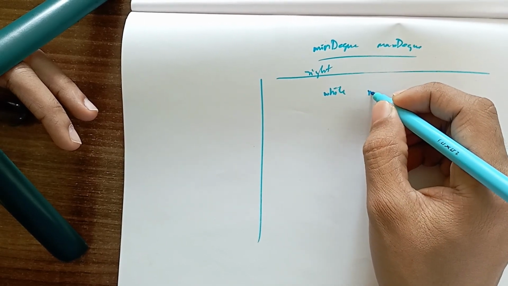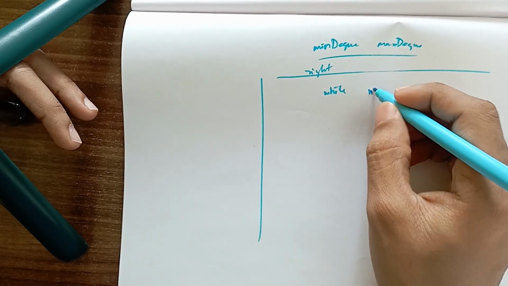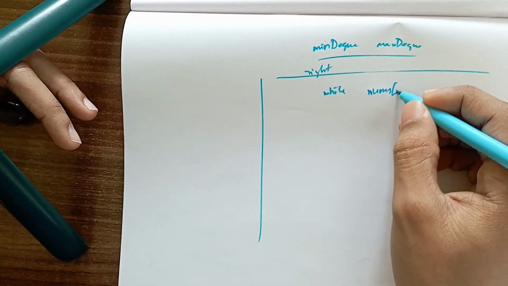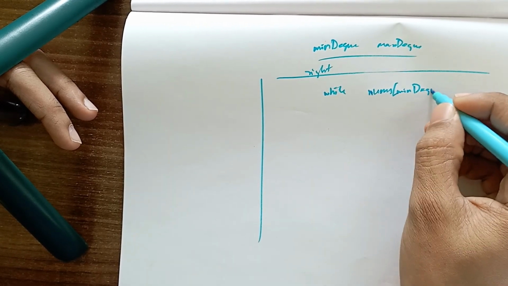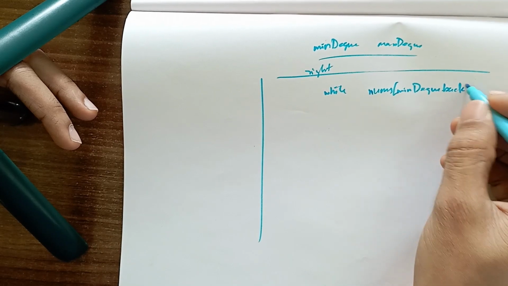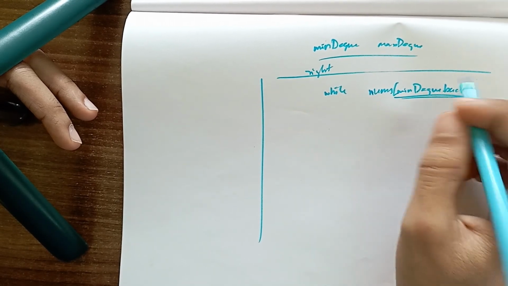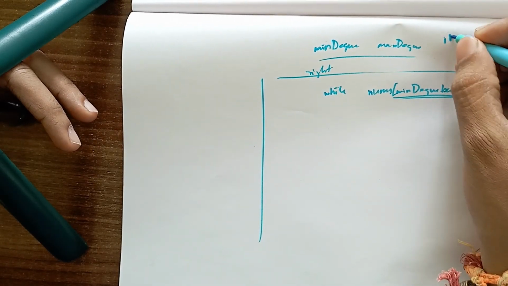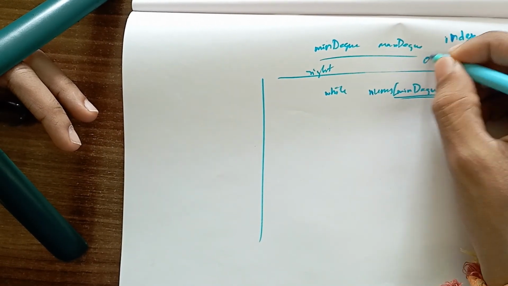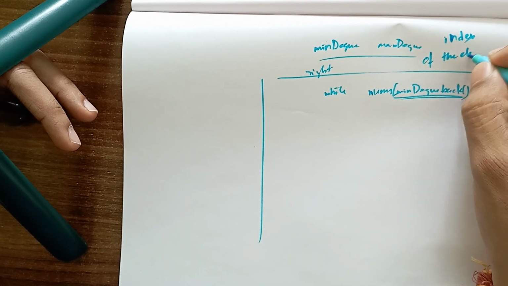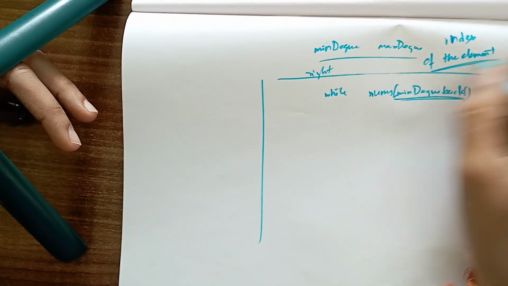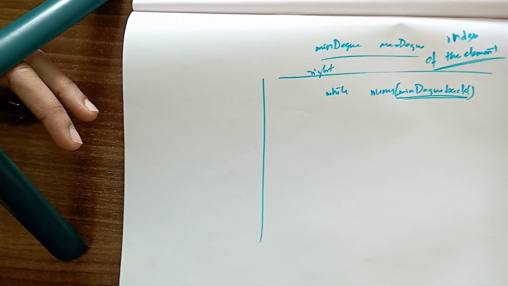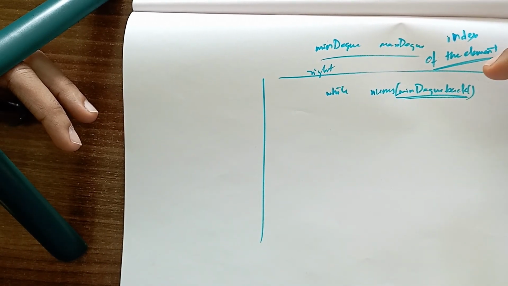if the nums of minimum deque dot back, that means in the minimum deque we will be storing the index of the element. Instead of the element, we will be storing the index of the element.